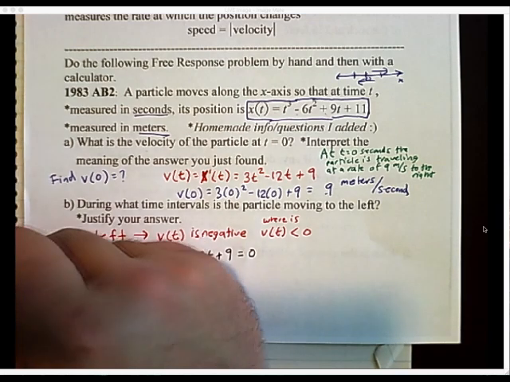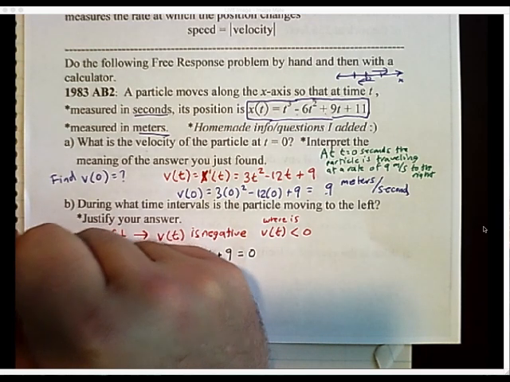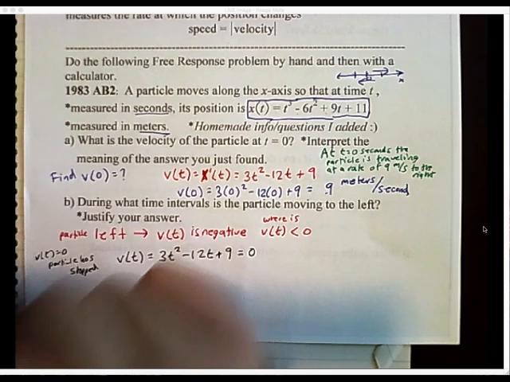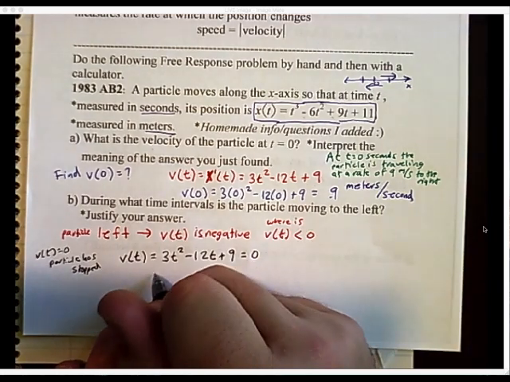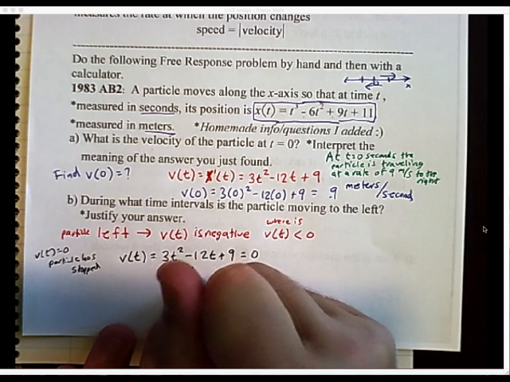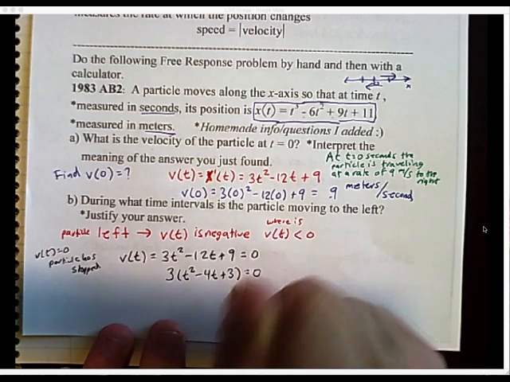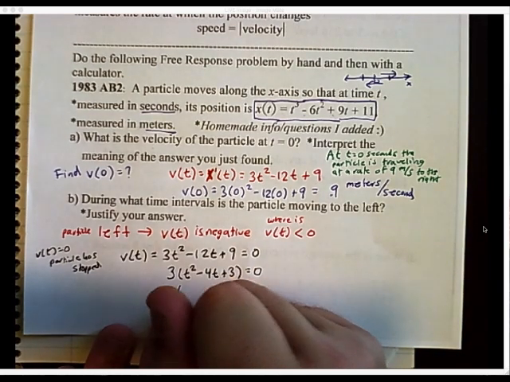If the velocity is 0, that means that the particle has stopped. So we want to find those values first. We can do a little bit of factoring. Pull out a 3, and you get t squared minus 4t plus 3. Then you can do more factoring.